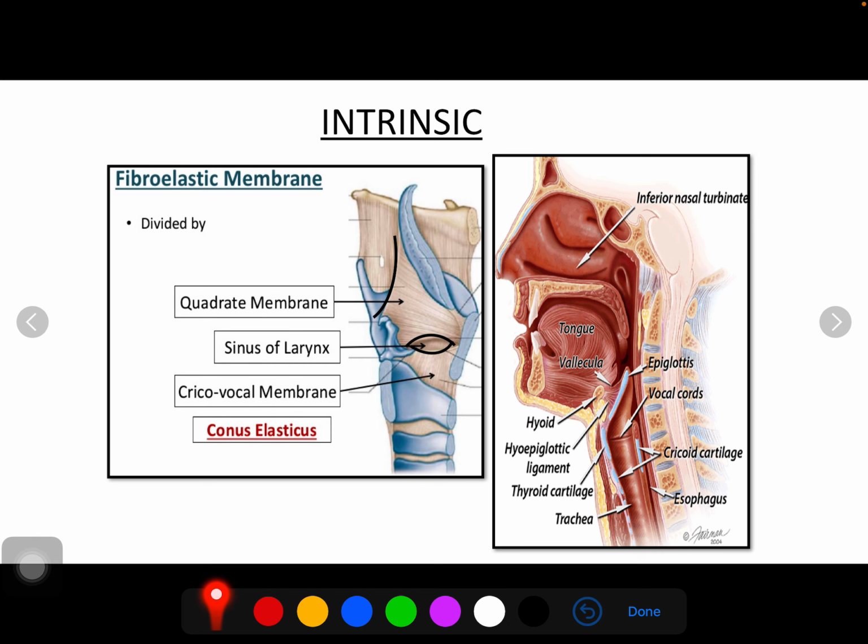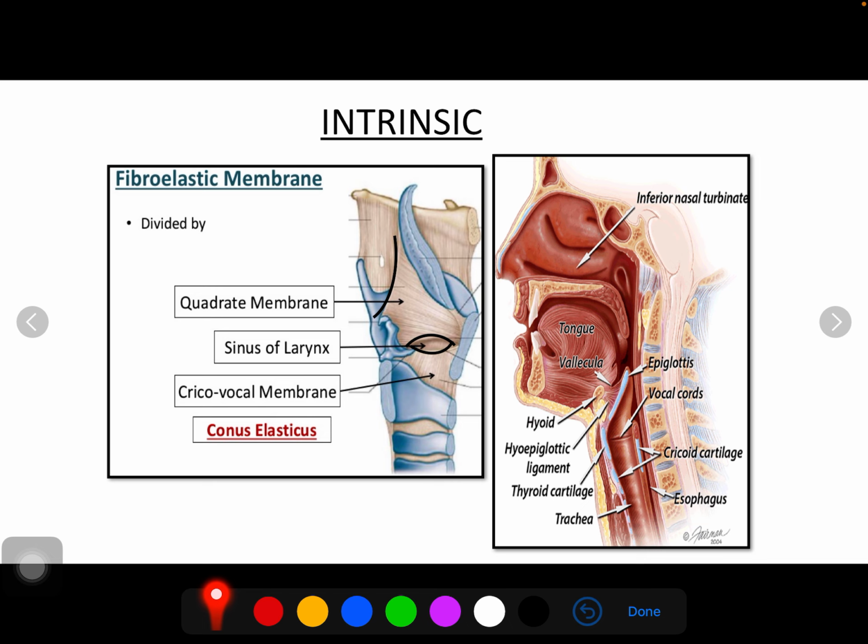Its lower margin is attached to the arch of the cricoid cartilage. The cricovocal membranes of the two sides are continuous across the midline and form the conus elasticus.